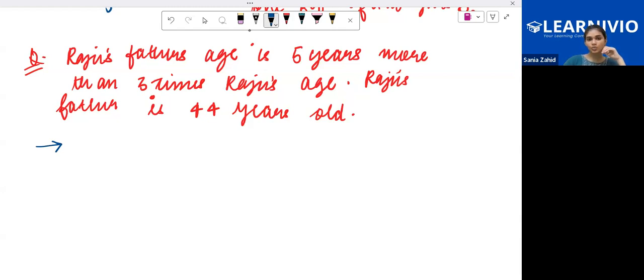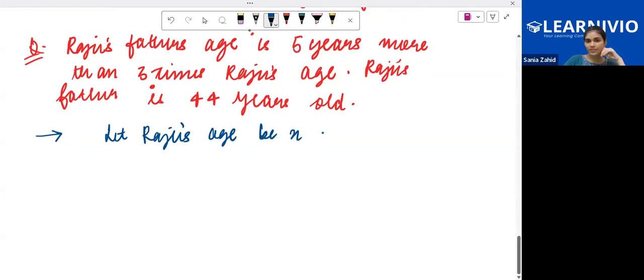See, it's written: Raju's father's age is 5 years more than three times Raju's age. So first of all, let's assume Raju's age be X. Raju's father's age is given as 44 years, which is equal to 5 years more than three times Raju's age.